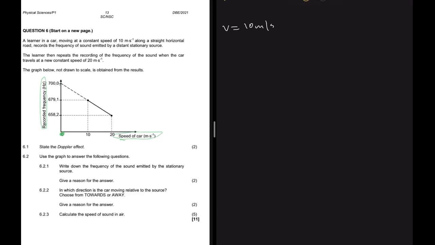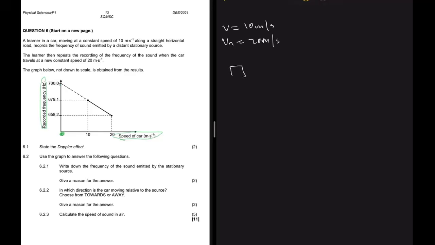The learner then repeats the recording of the frequency when the car travels at a new constant speed of 20 meters per second. So we have our V new of 20 meters per second. The graph below, not drawn to scale, is obtained from the results. On the y-axis we have the recorded frequency, and on the x-axis we have the speed of the car. So let me sketch what is going on.